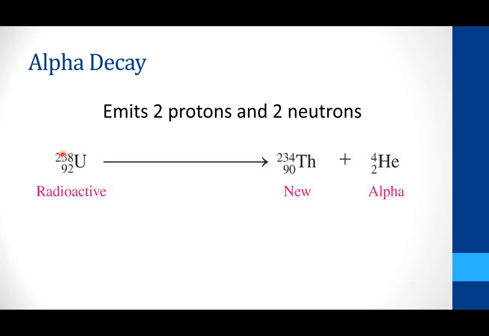And the mass number has to be the same. We started with a mass number of 238, and the mass number over here has to equal 238. So 234 plus 4 gives us 238. When we write these nuclear equations out, we have to have the same number of particles on either side.